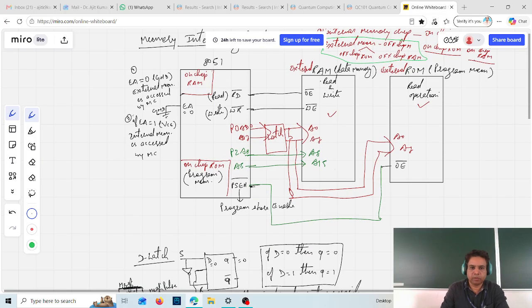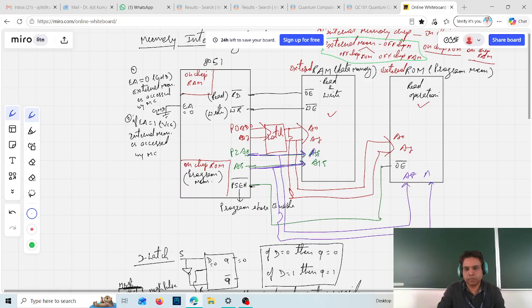The diagram is a little bit complex, you have to understand. So the same bus is labeled as A8, and this one A15.